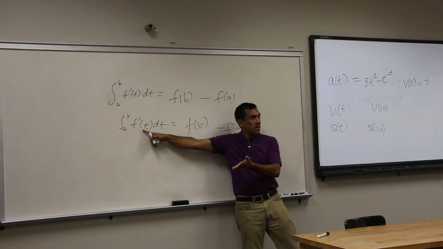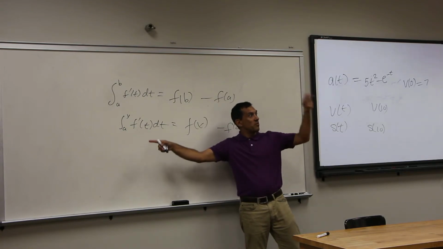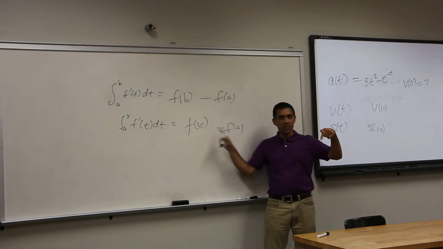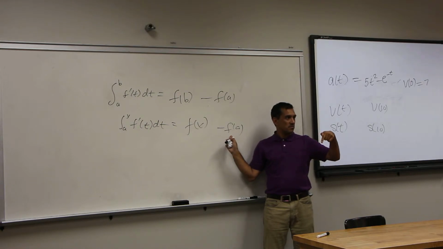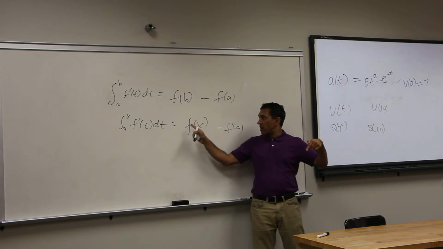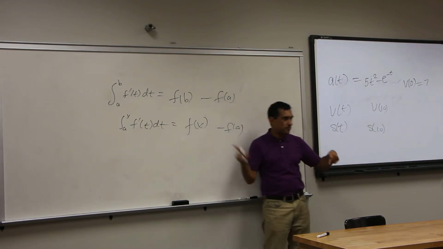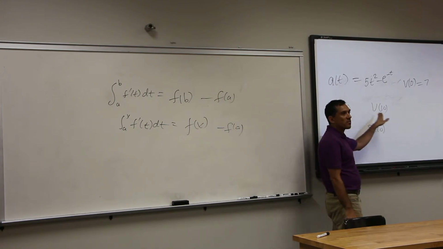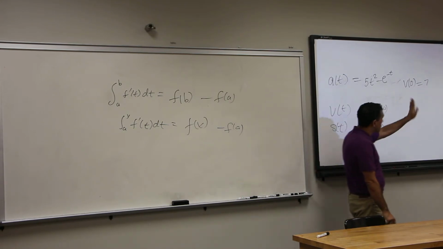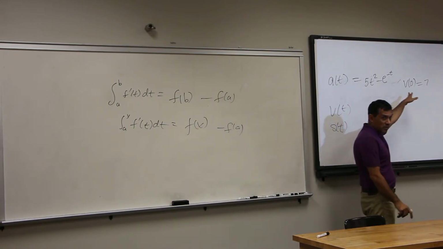So this would be acceleration being the derivative of velocity. You will pick up the velocity. Velocity being the derivative of position. Integrated, you will get the position. Now you have the velocity function with no constant because you have the initial velocity.